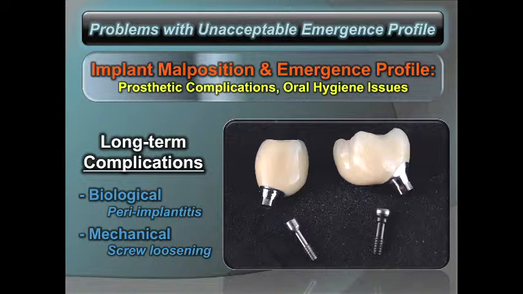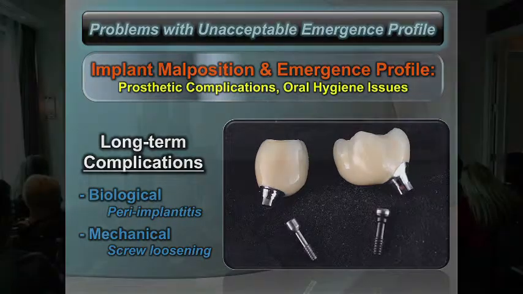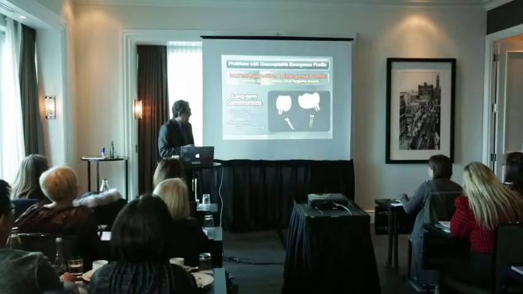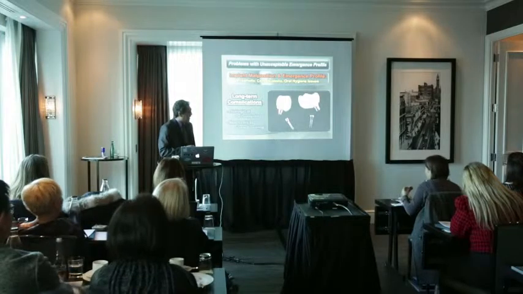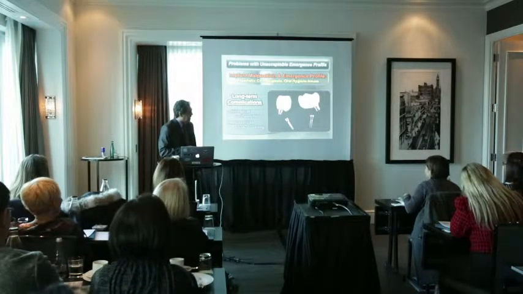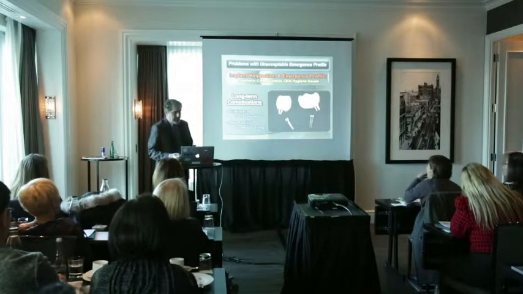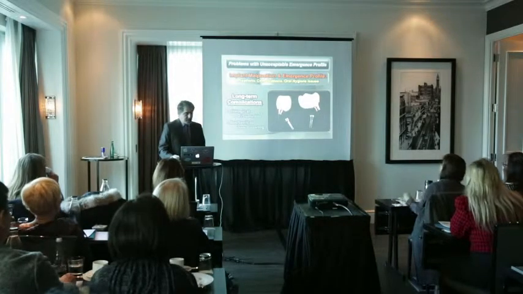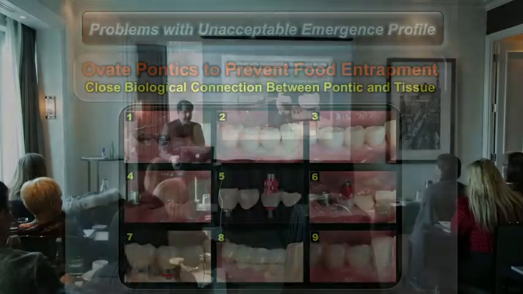It's mostly because of the cantilever that you have. You are going to have food getting stuck around here and also between this tooth and the other one. And of course, because of the cantilever, the screw is going to get loose, fractured.